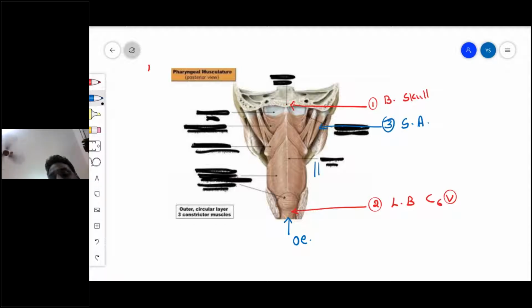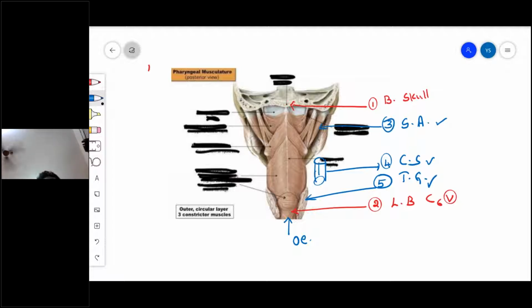Here one picture is missing, but roughly I'm showing it. Number 4 is the carotid sheath, and number 5 is the lobes of the thyroid gland. So 3, 4, 5 are the lateral relations of the pharynx. Is it clear?